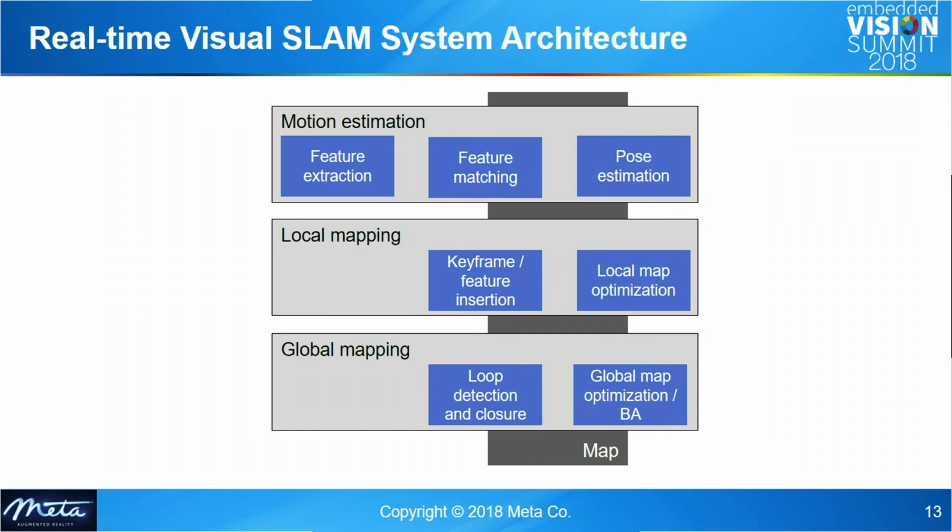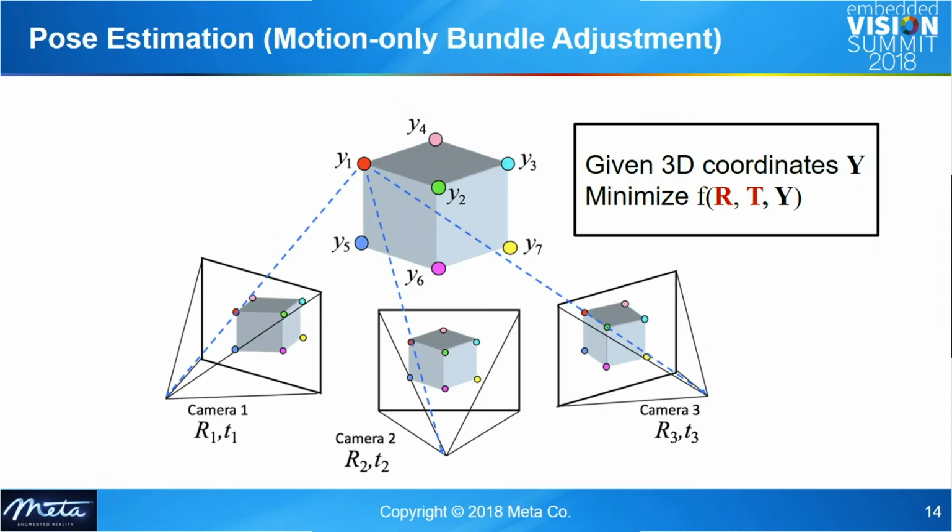And lastly, in the global optimization, you modify everything that you have in the map. This would be your typical structure from motion problem from computer vision. I expect that many people in the room are already familiar with this. Or actually, sorry, right now we're just talking about motion-only bundle adjustment, so not the full SFM.